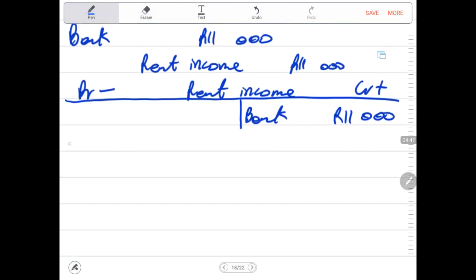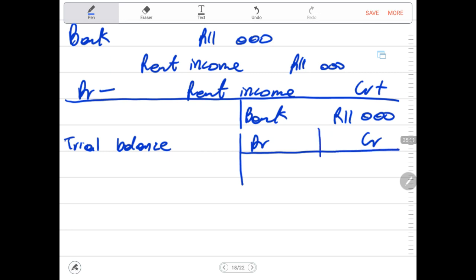Then there will be what you call a trial balance. Then we'll have a trial balance, which is normally a pre-adjustment trial balance with the debit and credit. Remember, this amount is from the credit side of the trial balance, so it will have to be recorded as such.